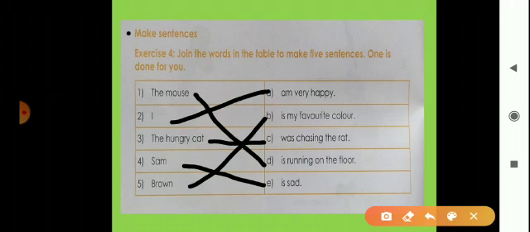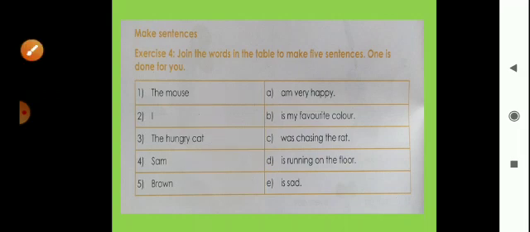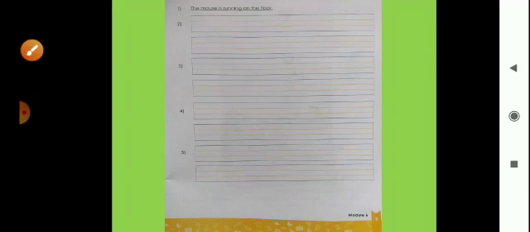Okay. So you should write this in your textbook, grammar book page number 9. Look here. Which sentences did we make? First is the mouse is running on the floor. Then I am very happy, it's the second.